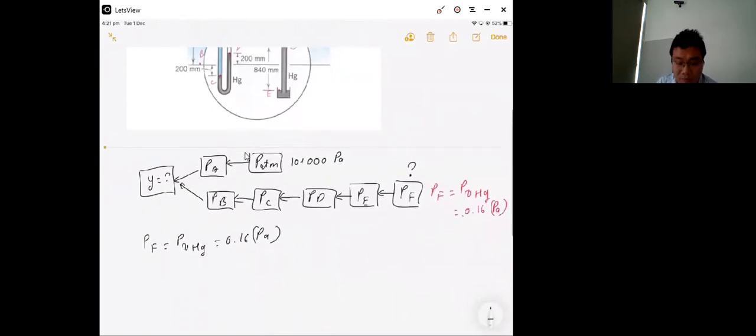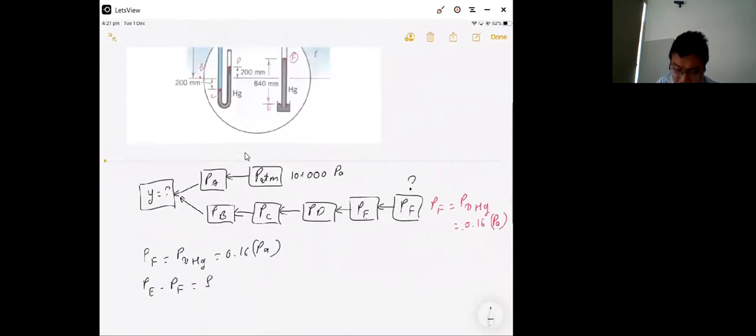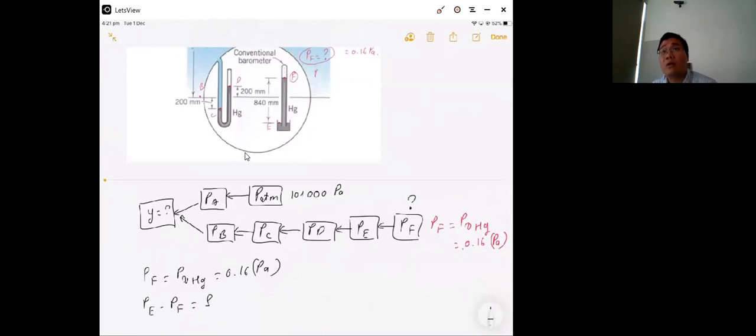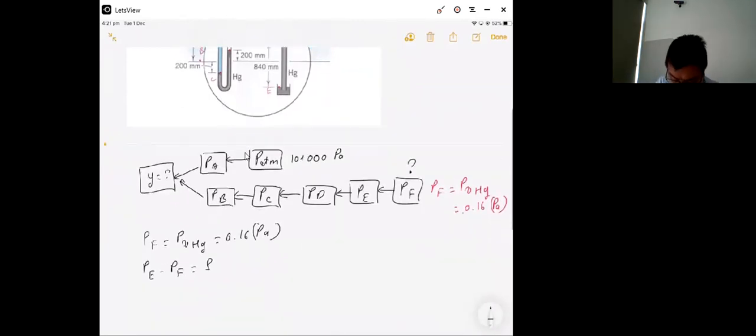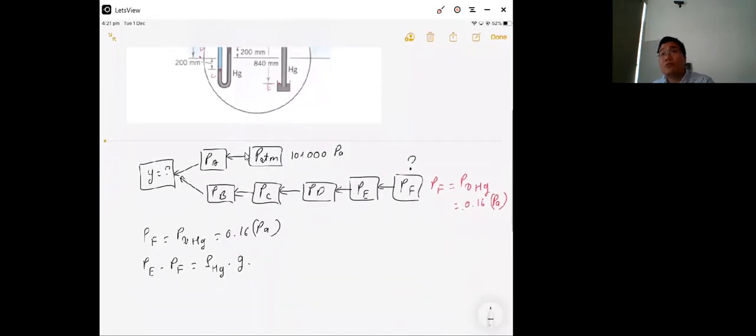Now from F you find E. E is below F. So PE minus PF equals rho of mercury times g times the distance between E and F. The distance between E and F is 840 millimeter, and we have to convert to meter, the SI unit, so this one is 0.84 meter.